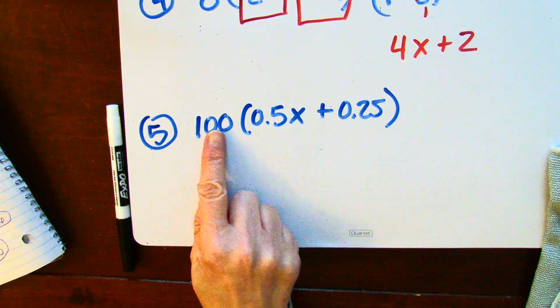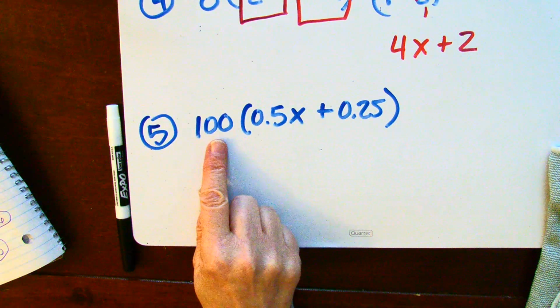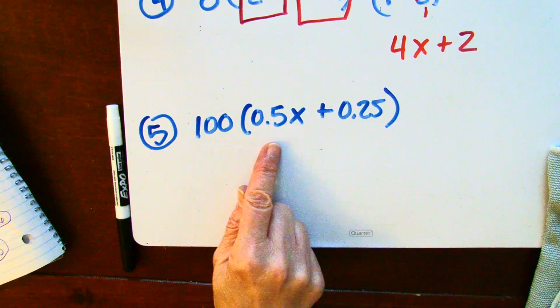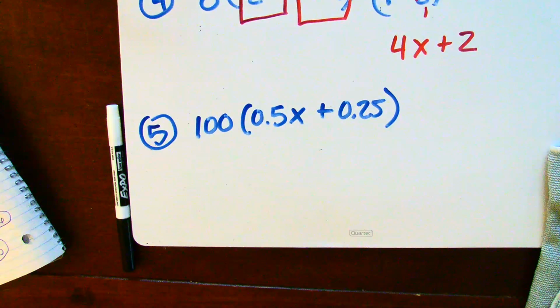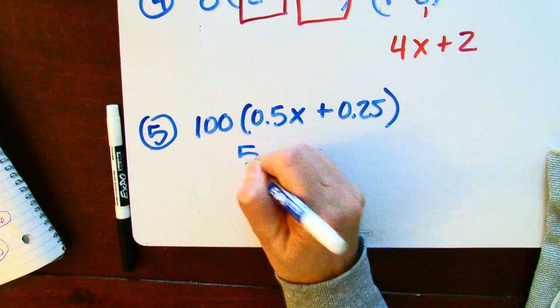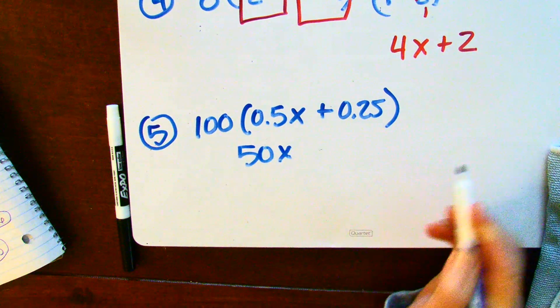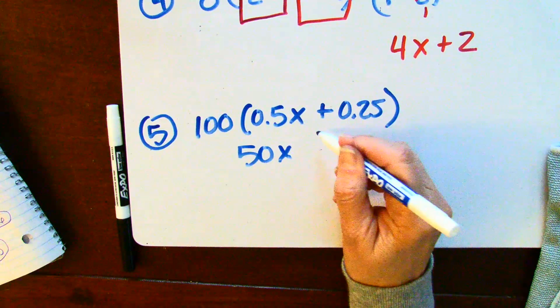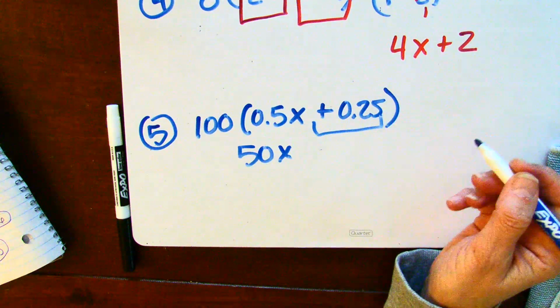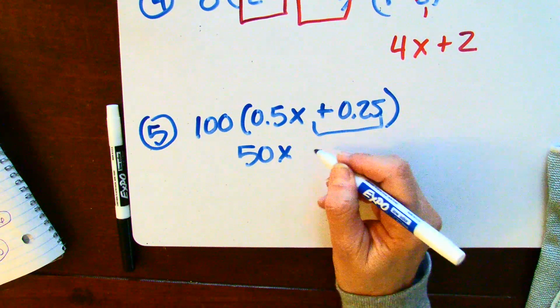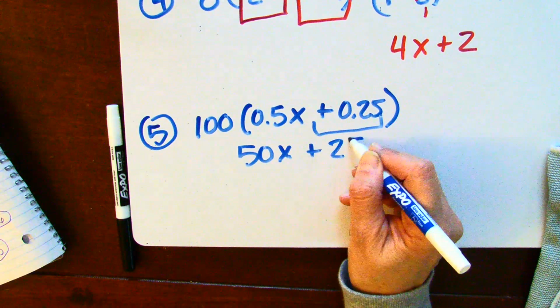Since this is a positive number, it's a whole number, I'm going to move my decimal place over to the right 2 places. So 100 times 5/10 of an x, or 0.5x, is going to give me 50x. And then 100 times a positive 25 hundredths, that's going to give me plus 25.